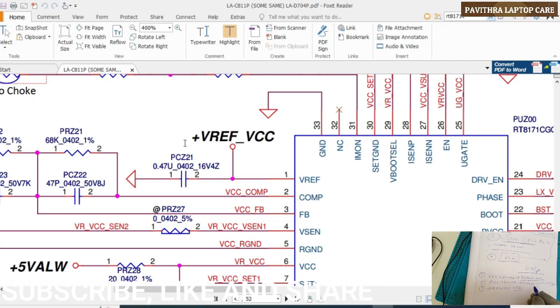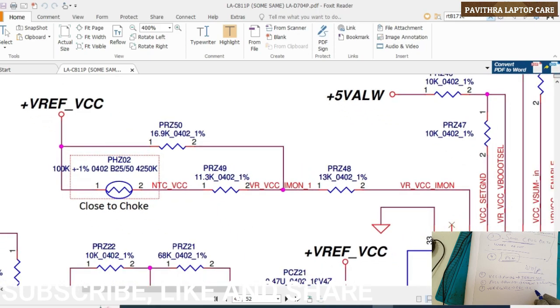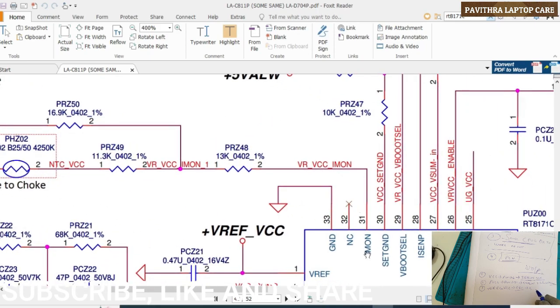This one is connected to pin number 1, and one more is given at pin number 31. What is that? IMON means current monitoring. It is used for current monitoring purposes. This input we require 100%. The IC requires input voltages to function. So these 1, 2, 3 signals and voltages are coming here.